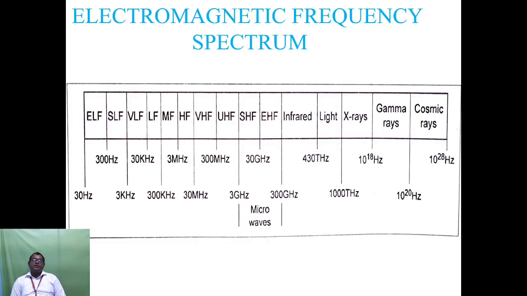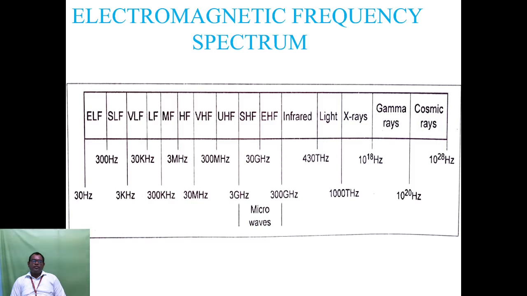So this is the electromagnetic frequency spectrum, which has different waves. ELF, extremely low frequency, ranges from 30 Hz to 300 Hz, and SLF ranges from 300 Hz to 3 kilohertz.